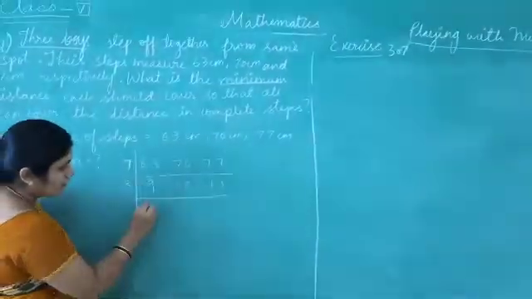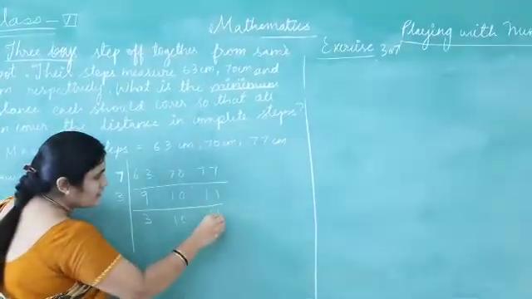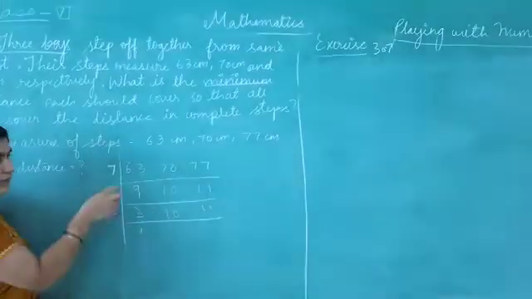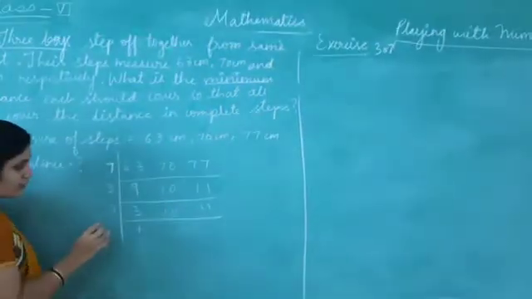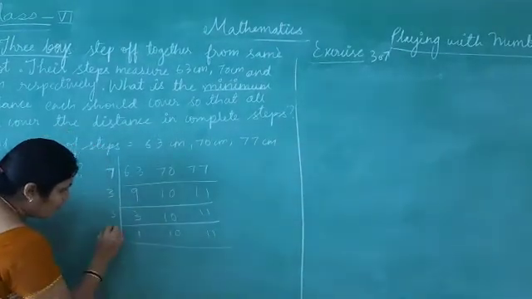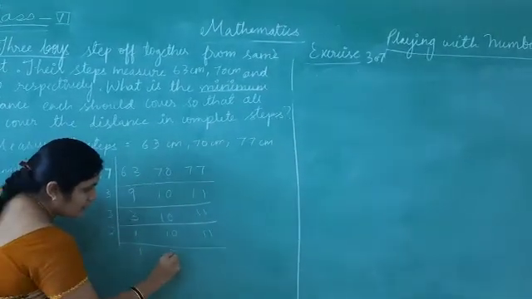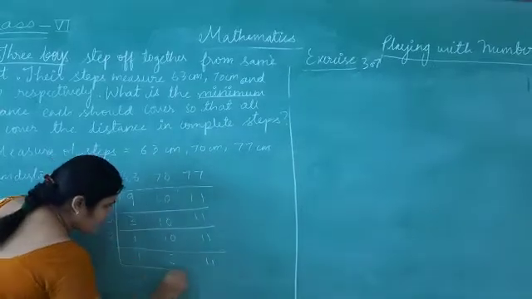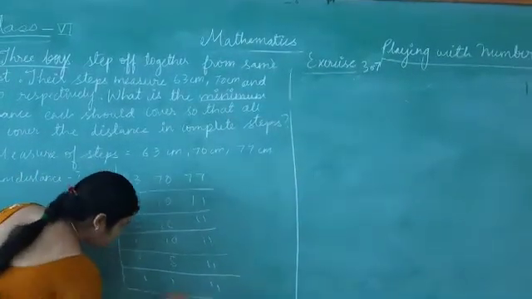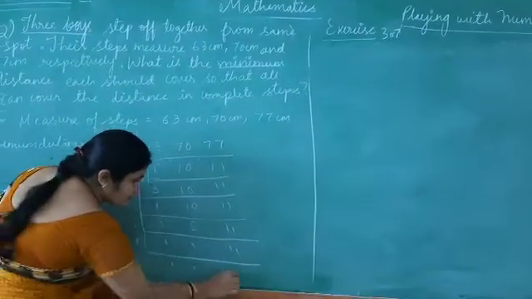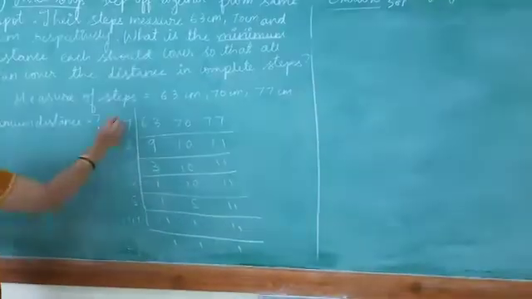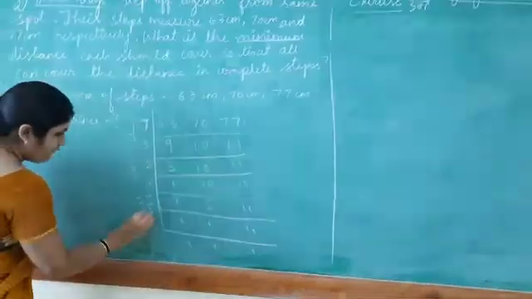Let me go for 3. 3 3s are 9, 10 as it is, 11 as it is. If you choose one number, then make it 1 first, then move on to the next number. Let me go for 2. 5 1s are 5, 11 as it is. 5 1s are 5, 11 11s are 1. Now all the 3 numbers came down to 1. That means these are the prime factors.